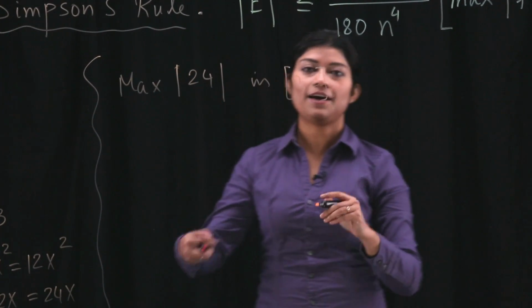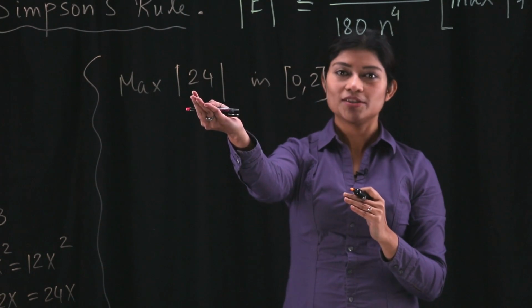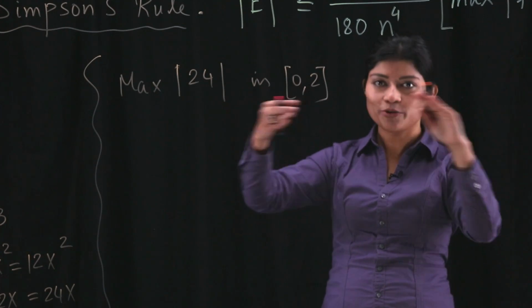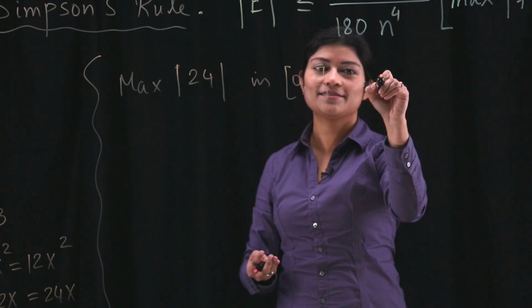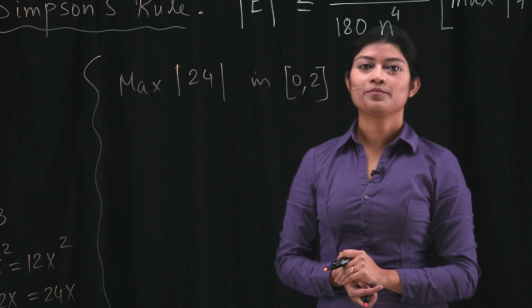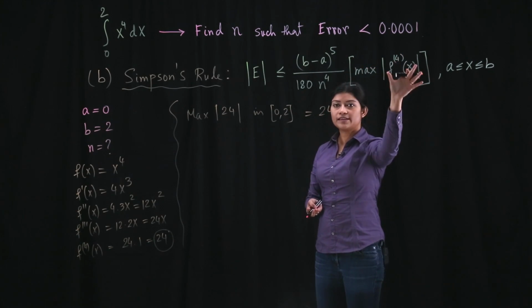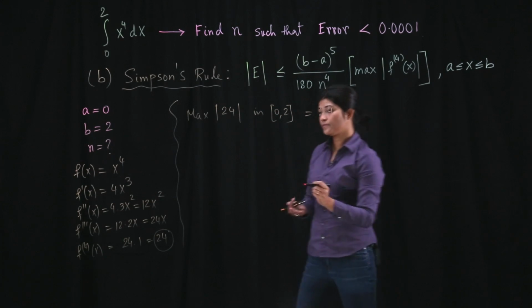Well, you don't really have to compute a critical number or anything because this is just a constant, right? 24 is just a constant, so its value is 24 everywhere in the entire interval. So the maximum is 24. That's very easy, right? So we just have to plug that into this expression right here.